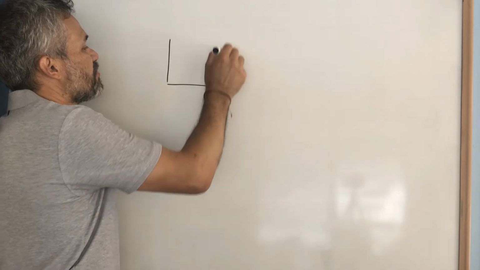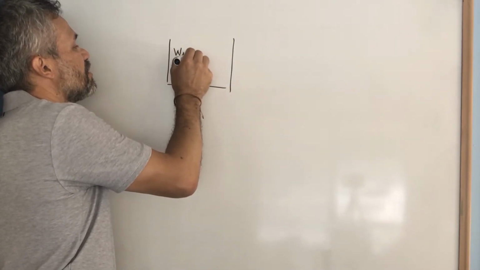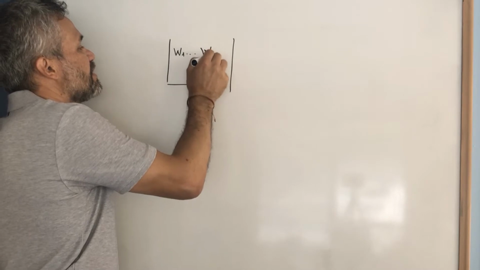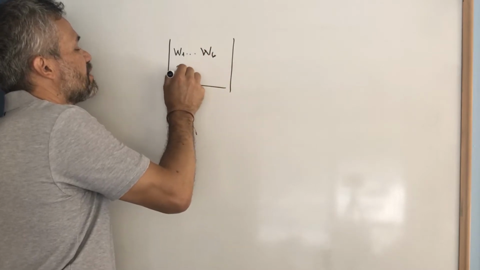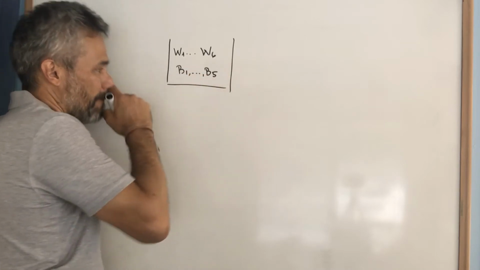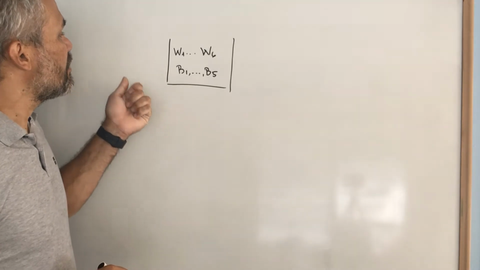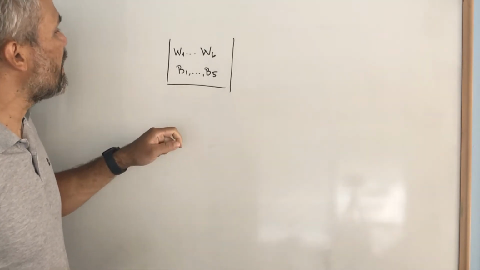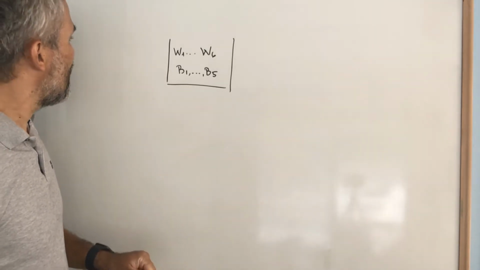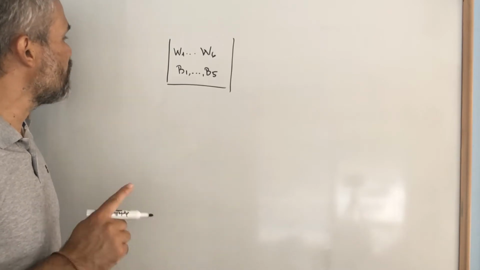Let's consider the following example. Let's suppose that we have a container, and this container has 11 balls. We have 6 white and 5 black. And the experiment consists in taking 3 balls from there and then computing the probability of getting 1 white ball and 2 black.